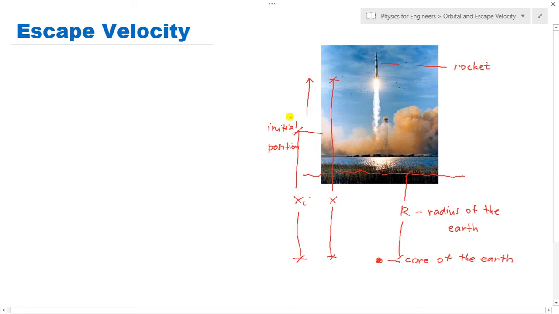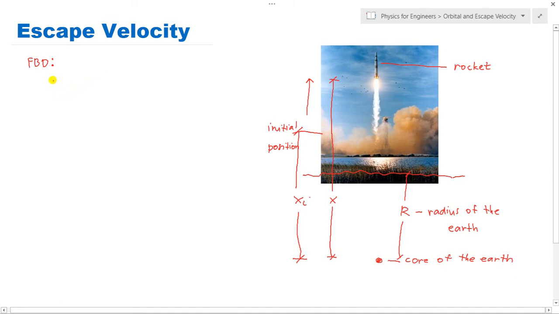And aside from this, class, of course, since we also have forces that interact with our rocket, we also need to consider iyang FBD. So we draw the FBD. So the free body diagram, class, will look like this.